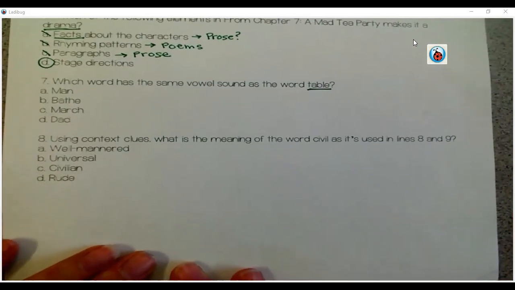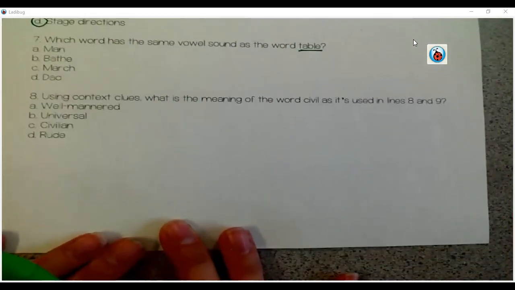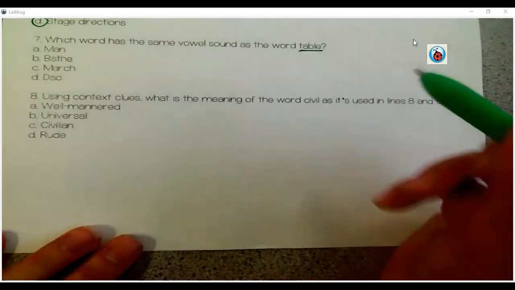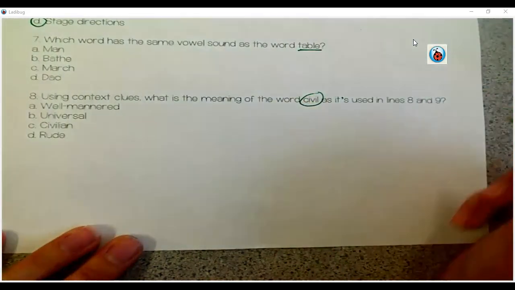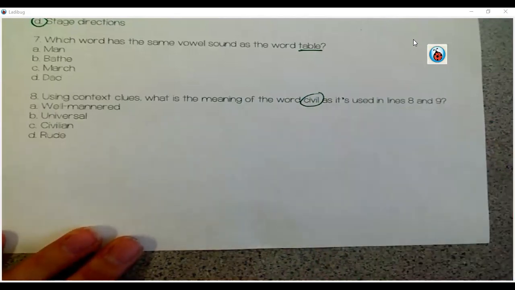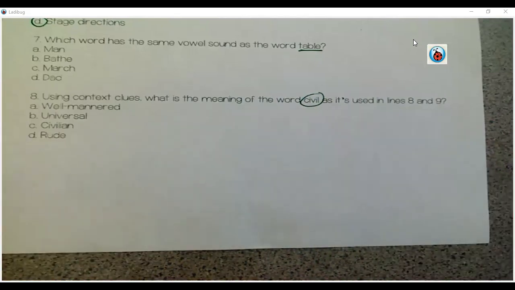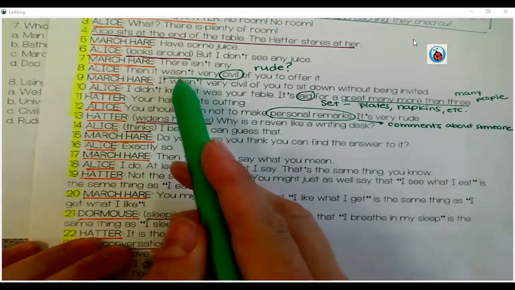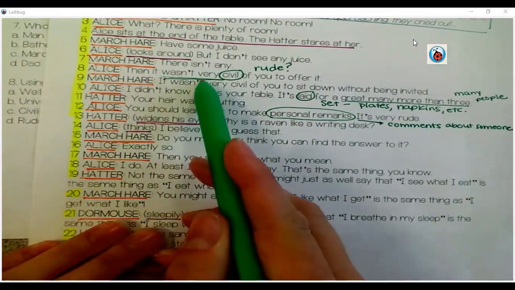All right. Number 8, using context clues. What is the meaning of the word civil as it's used in lines 8 and 9? Well, we didn't find the exact meaning of the word civil, but we talked about what it meant when the character said it wasn't very civil.